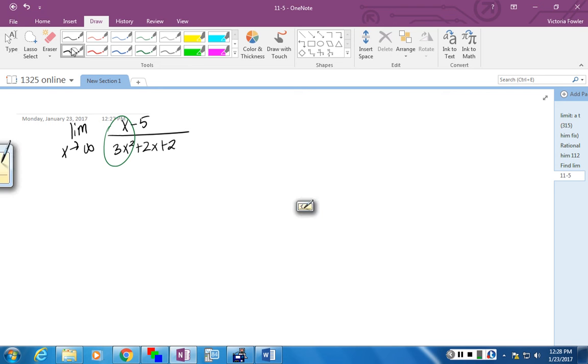But what it turns out is that if I just take the degree, the highest exponent here in the denominator, and I divide everything by that power of x, so I've got the limit now as x approaches infinity, and I take the numerator and each little piece and divide it by that highest power of x, so I'm dividing now by x squared because that's the largest here, and I take that 5 and divide it by x squared, and I take every little part of this.